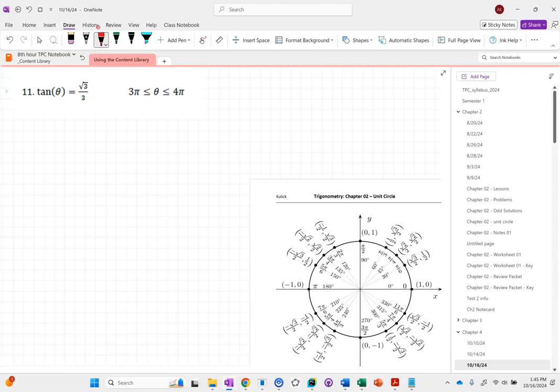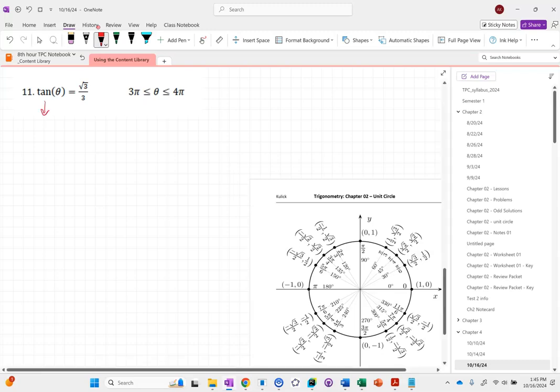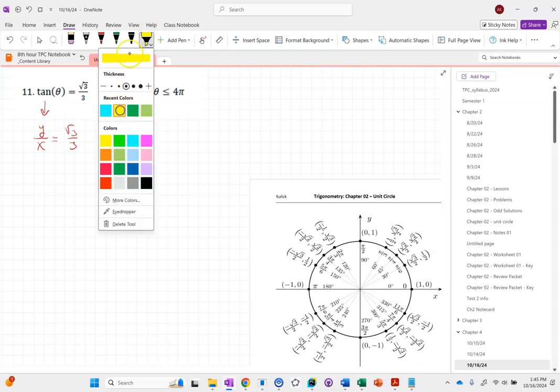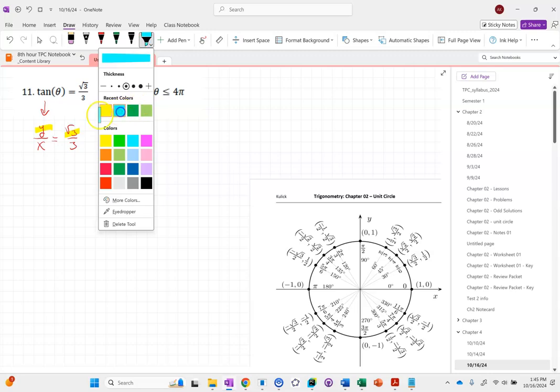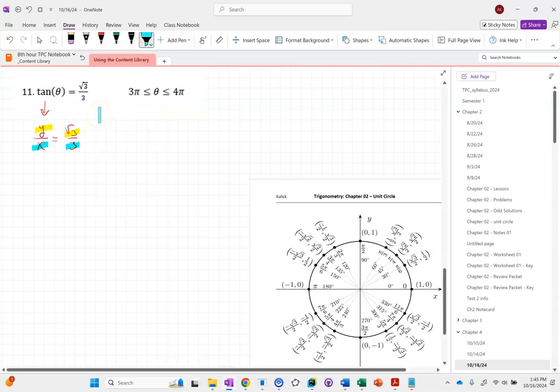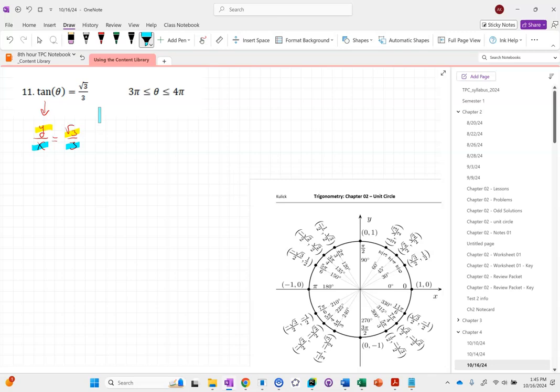Because on the unit circle, what's tangent? It's y over x. So you might say, okay, I'll just go to the unit circle and look for where y is square root 3 and x is 3, right? Do you see those anywhere on there?